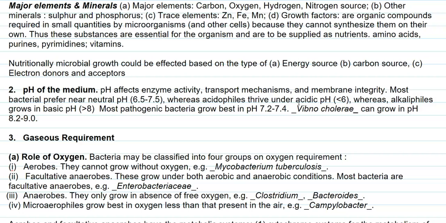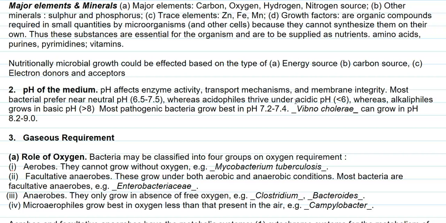Next we look at the other factors, say how pH could affect. pH affects the enzyme activity, transport mechanism as well as the membrane integrity of the cells. Most bacterial cells prefer a neutral pH, that is 6.5 to 7.5, whereas those that prefer to grow in an acidic pH, below 6, are referred to as acidophiles, and those that grow in a basic pH, more than 8, are referred to as alkaliphiles. Most pathogenic bacteria can grow only in a neutral pH, that is 7.2 to 7.4.